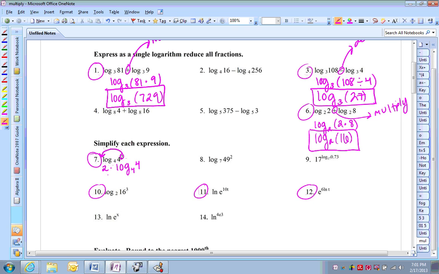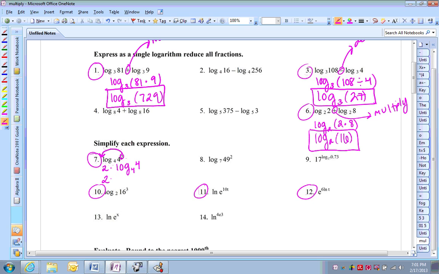Now, we look at our logarithm in this problem, log base 4 of 4, and the way we figure out what that is equal to is we think, okay, what power can I raise my base to give me the larger number? So I can raise my base of 4 to the power of 1 to give me the larger number of 4.